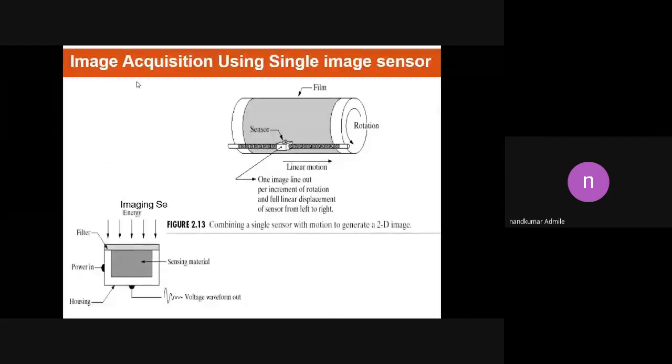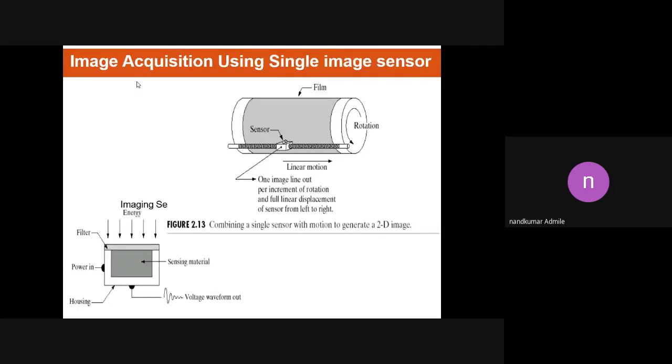In 2 minutes, we can break down these three techniques. By using a single sensor, we can use a photodiode as the sensor. Always remember, to capture or represent the image, we require displacement in two directions: one in the vertical direction and the other in the horizontal direction.